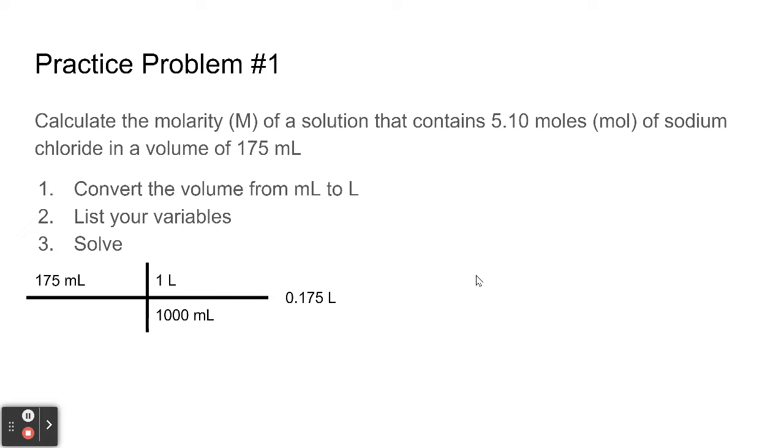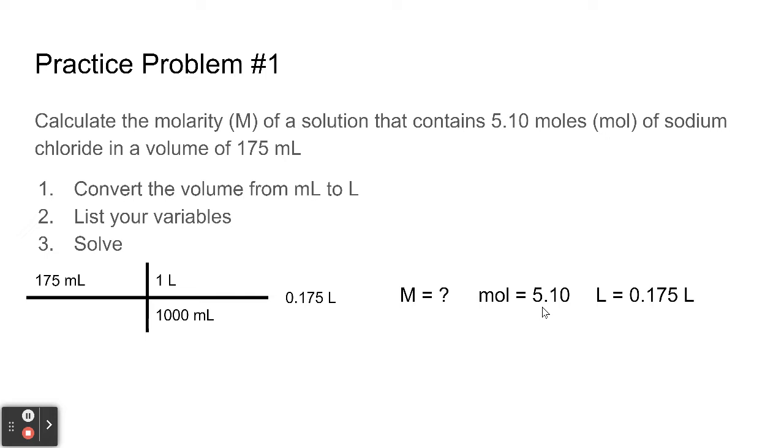Now that we have our liters, we'll list our variables and then solve the equation for molarity. So we're solving for molarity, and we'll give it the question mark here. We know our moles in the question is 5.10. I should have given it the unit moles there, but I guess it works. And then our volume is 0.175 liters.